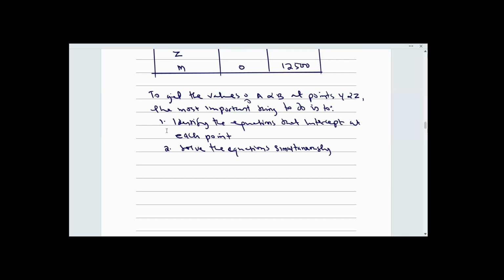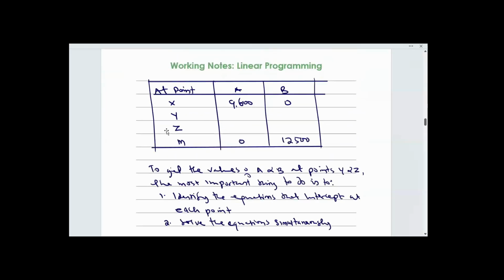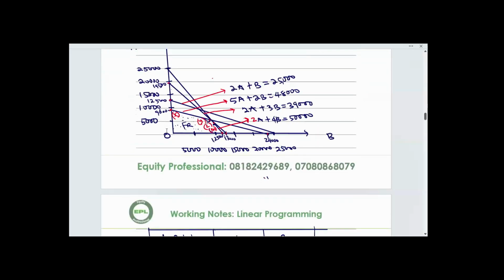Okay, so to get value of A and B at point Y, first thing first, we need to go to point Y. This is point Y here. What are the equations that intercepted at that point Y? I can see this equation of 9,600 and 24,000. That's the first equation that intercepted at that point Y. So 9,600 to 24,000.